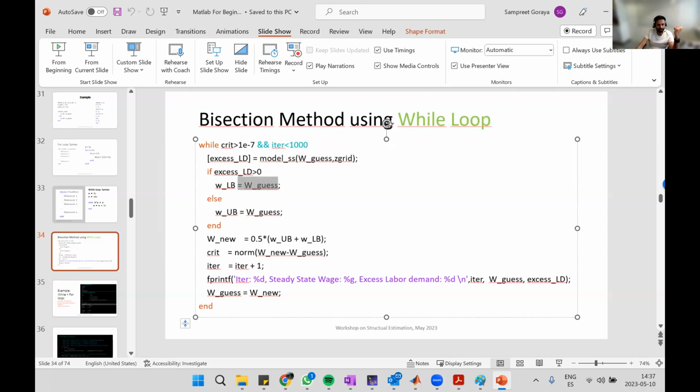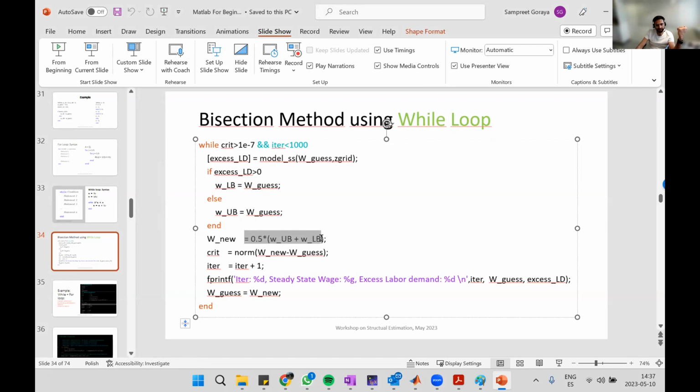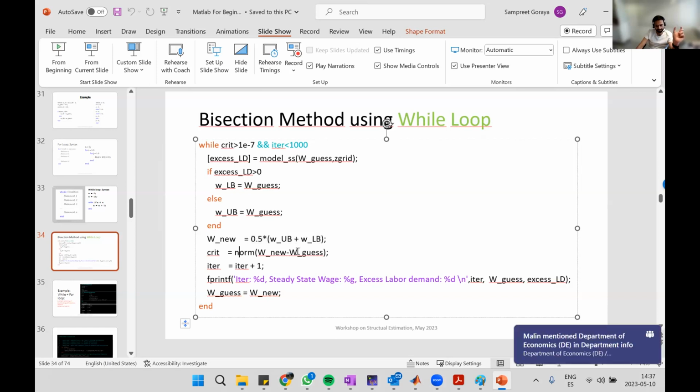My new guess uses an updating rule, which is quite simple: the mean of the upper bound and the lower bound. And I'm computing the critical value, which is the difference between the new and the old guess.